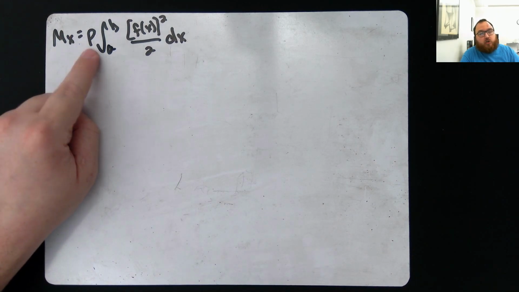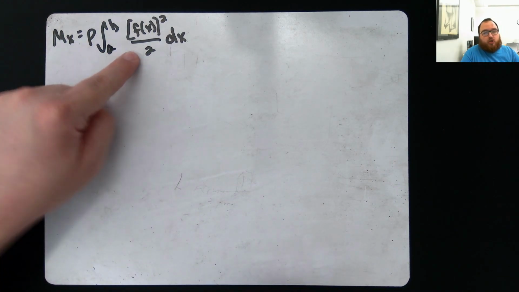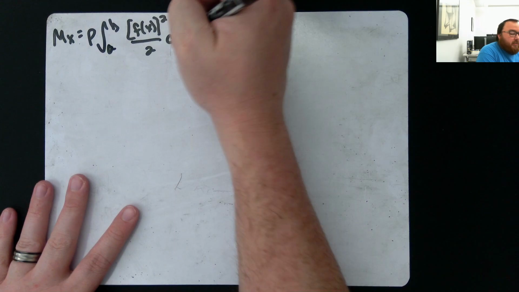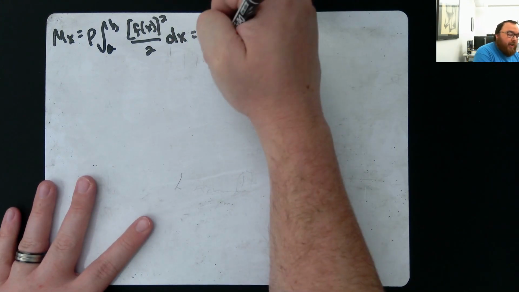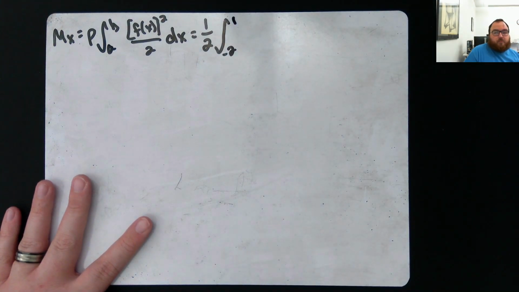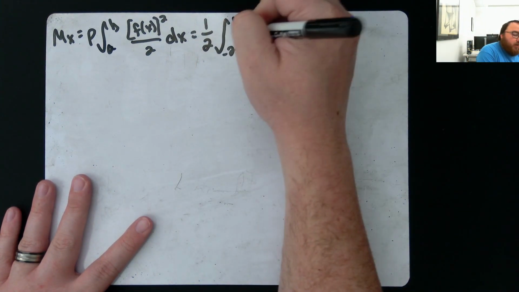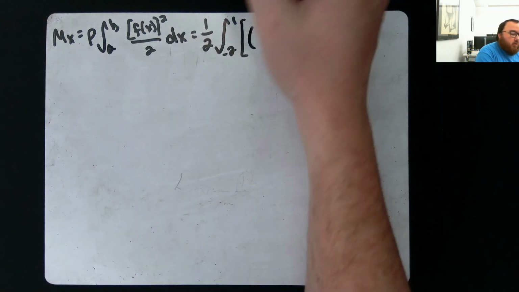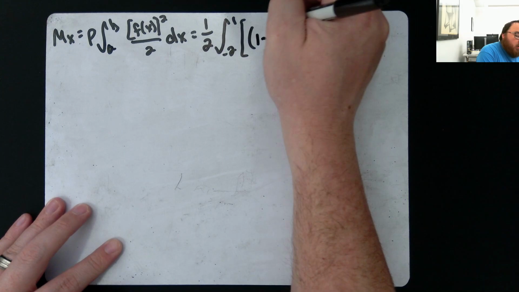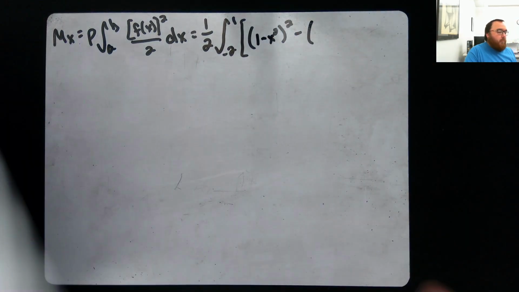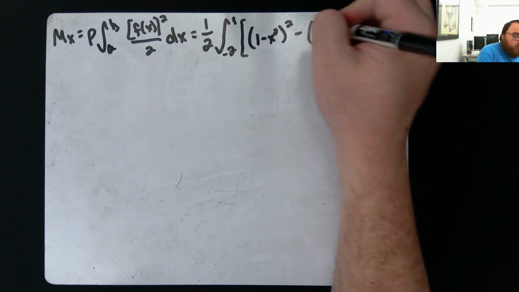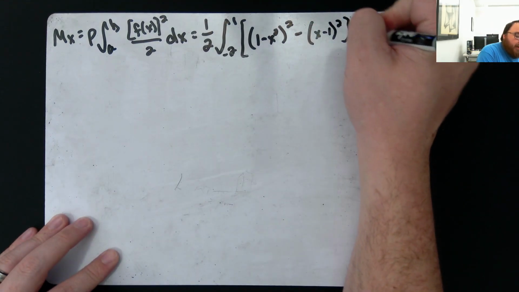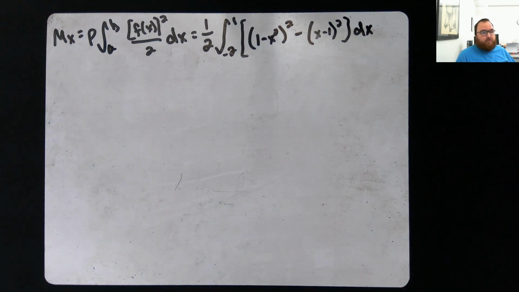Rho is equal to 1, but since it's over 2, I'm going to bring a 1/2 out front. 1/2 integral. We said our bounds were -2 to 1. Do the first function. My top function, again, was 1 minus x squared, minus, then do the same thing for the bottom one, which was x minus 1, dx. And now let's work this out.